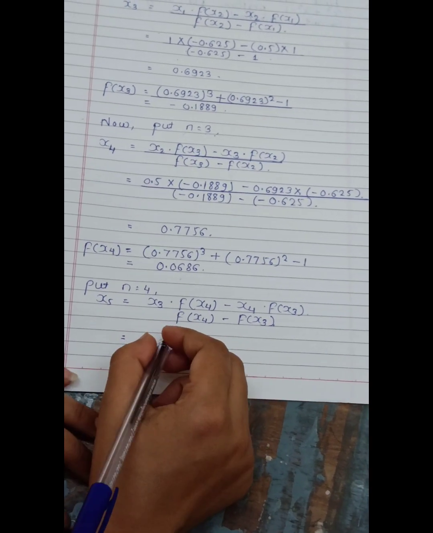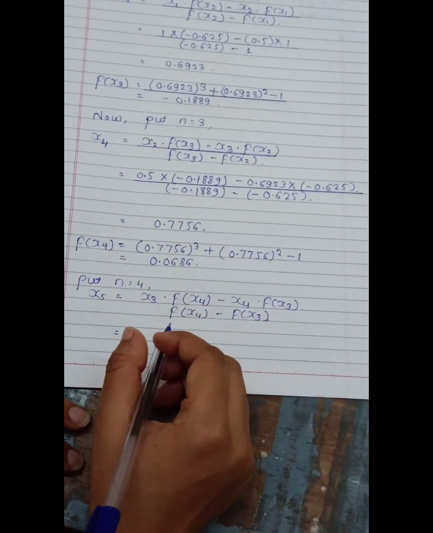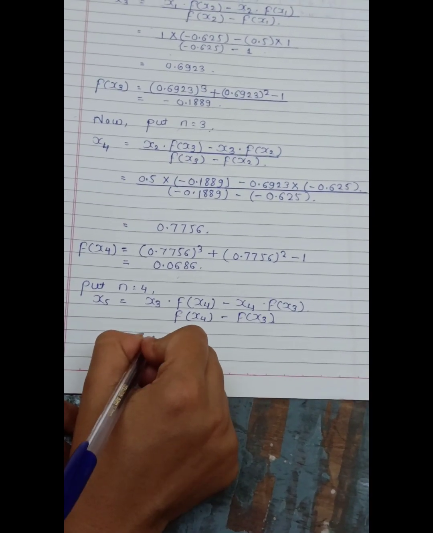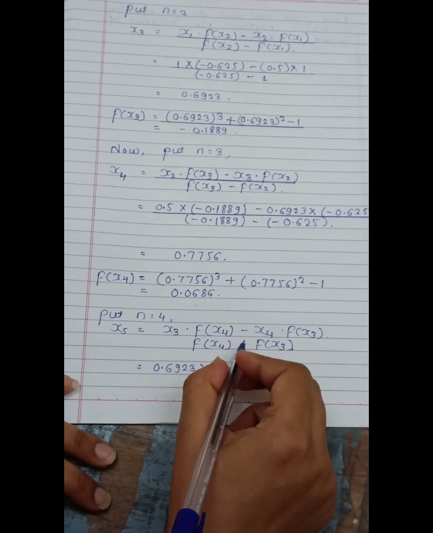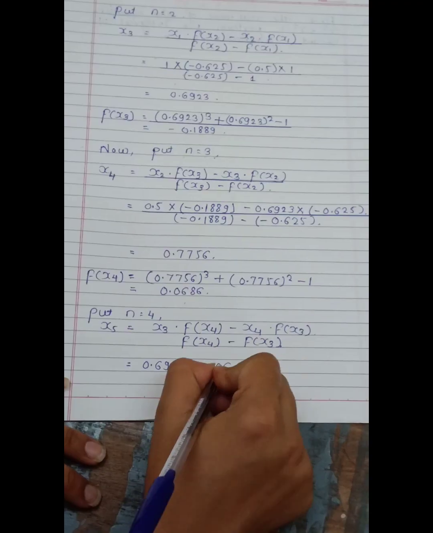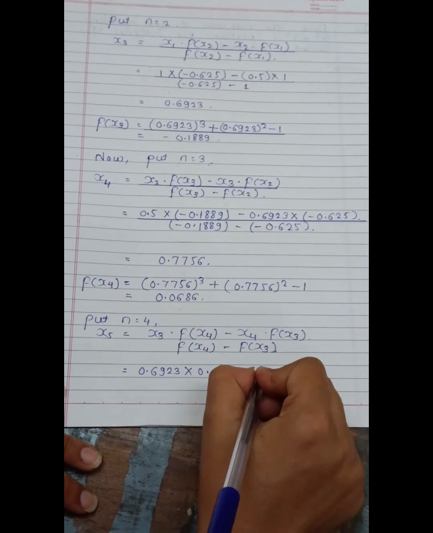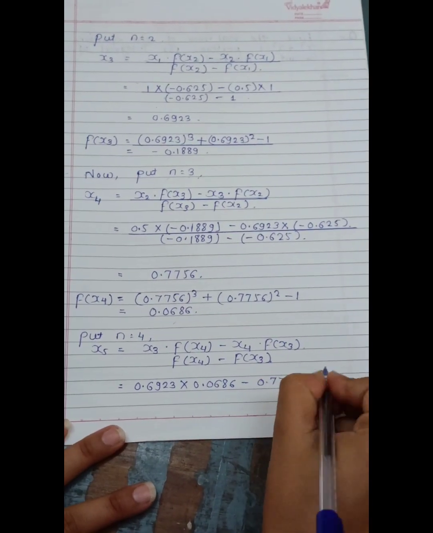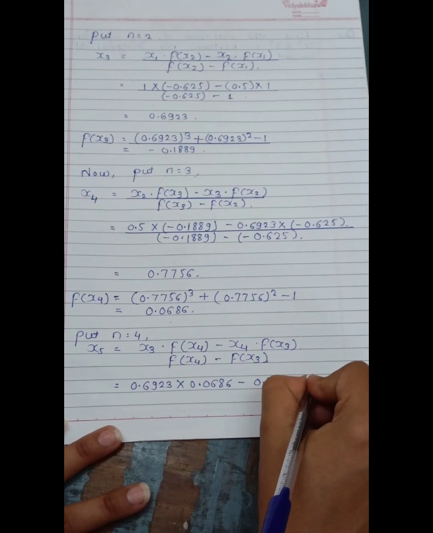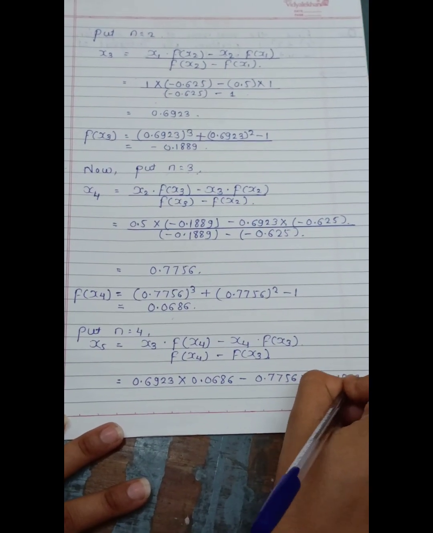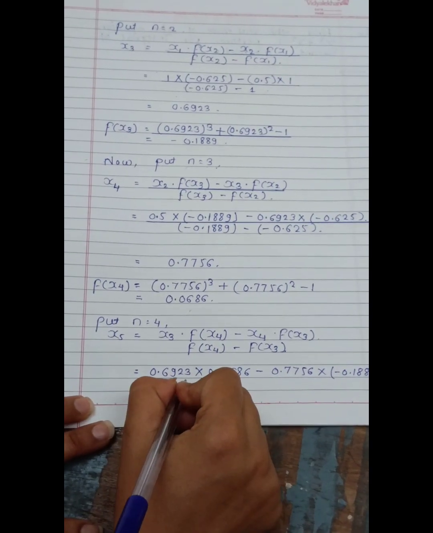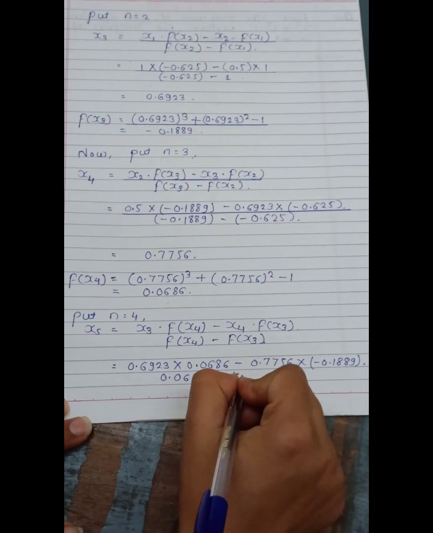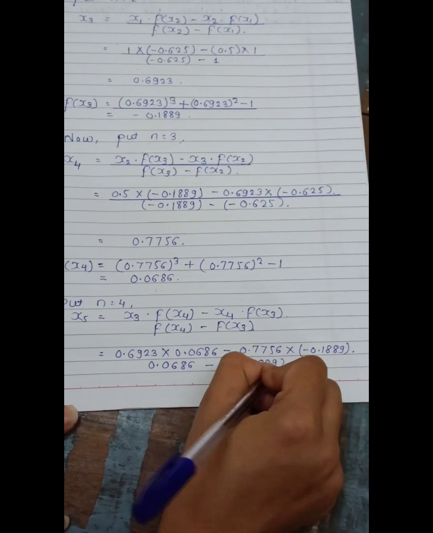Now we put the values. So x3 is the value of 0.6923 into f of x4, the value of 0.0686, minus x4, the value of 0.7756, into f of x3, the value of minus 0.1889, divided by f of x4, the value of 0.0686, minus f of x3, the value of minus 0.1889.